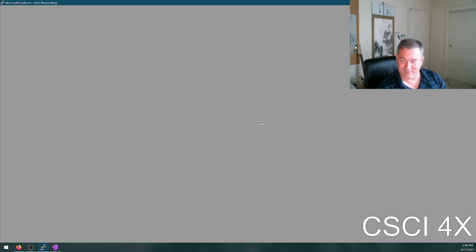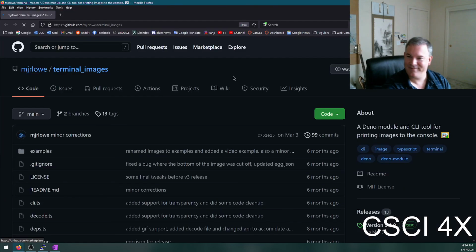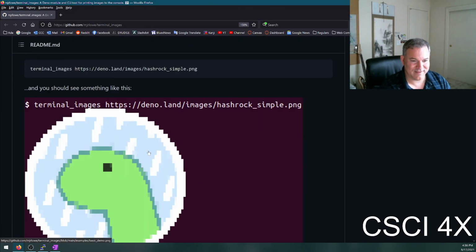Someone else did something similar. After I posted this, a couple people said, "Well, what's your advantage over these other people?" But I don't care. I like mine. I made it. Terminal images. Does it do 24-bit color? Let's see.